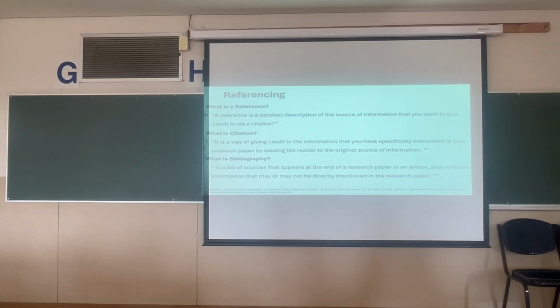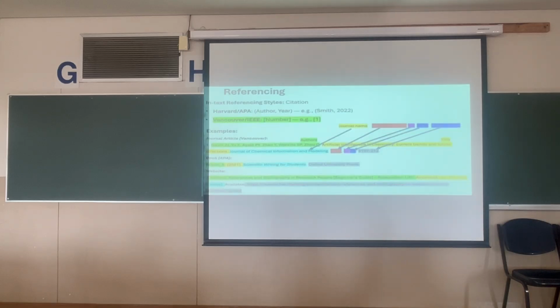So that's citation. Then you go to the bibliography. In the bibliography, you give the full information about my paper: my name, my co-authors' names, the title of the paper, the journal, and all those things. I will show you when we go further. So the bibliography is just a list of all the sources or the citations that we've used in the in-text referencing.